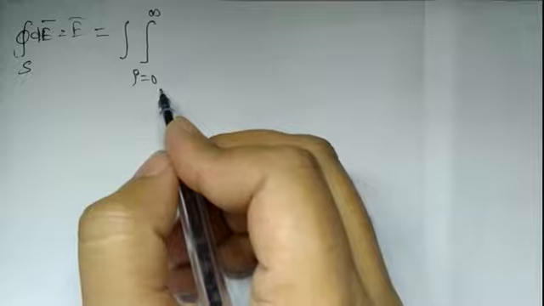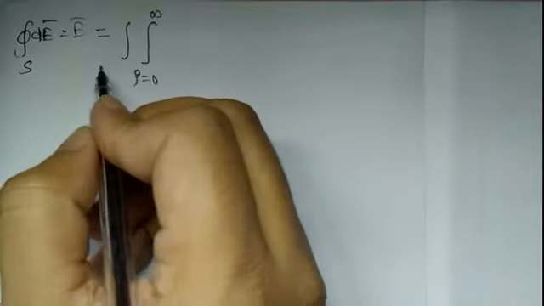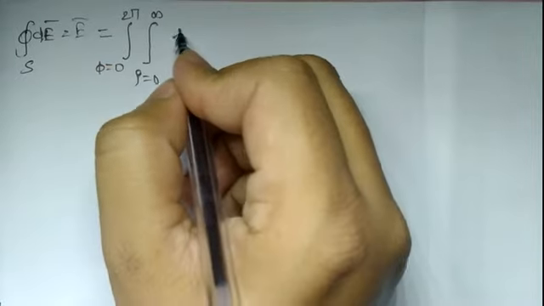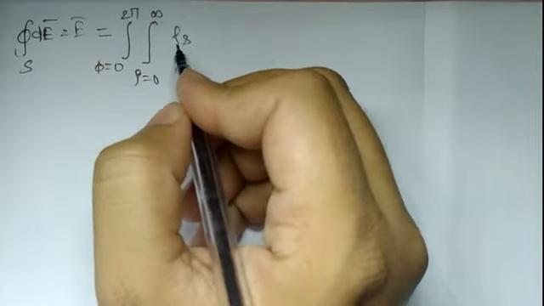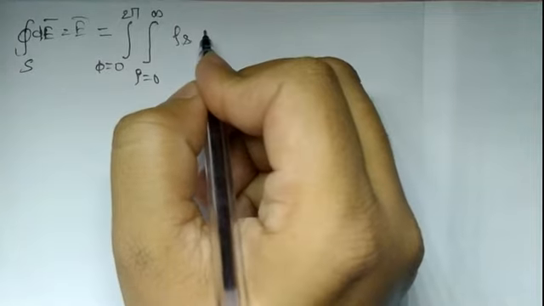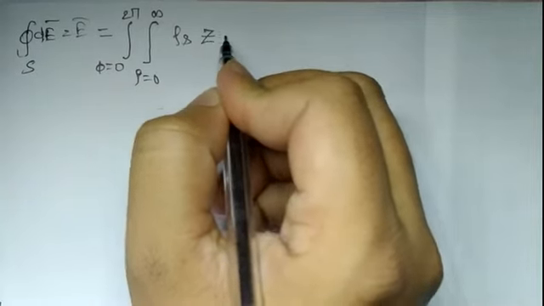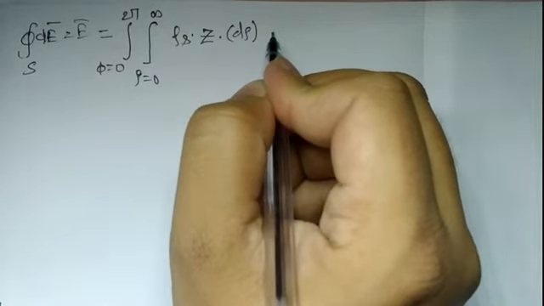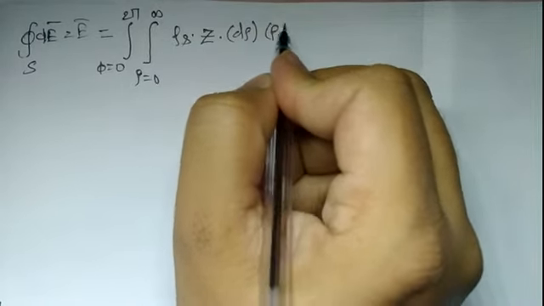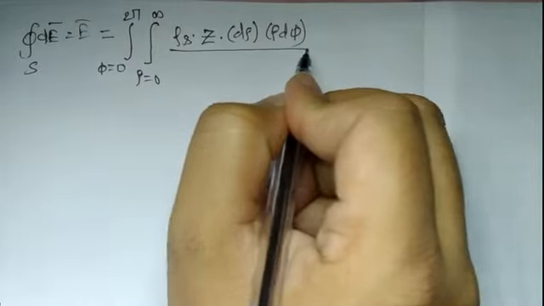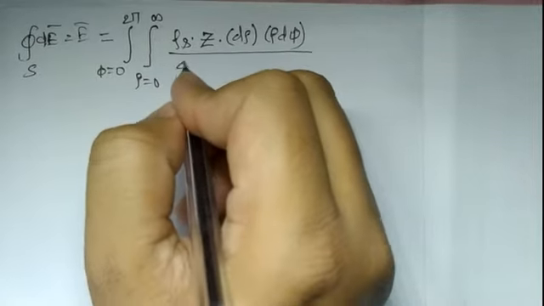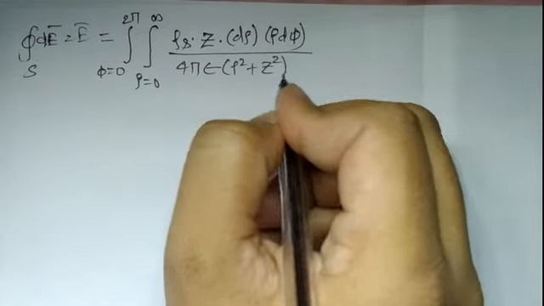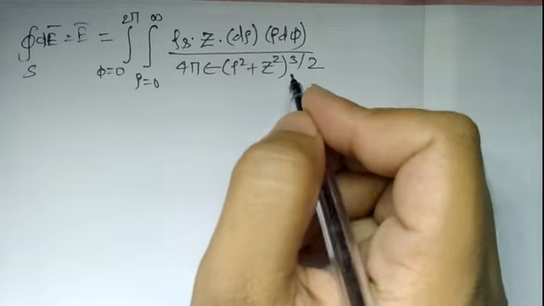The minimum value of the radius will be 0, the maximum will be infinity. φ will be 0 to 2π. Then ρs times z times dρ times ρ dφ divided by 4π epsilon times (ρ square plus z square) raised to the power 3 by 2.